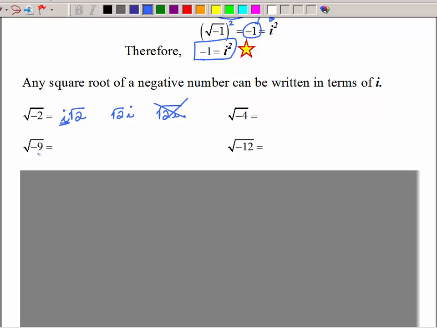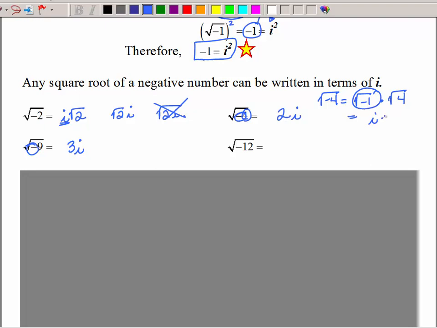Now, what's the square root of positive 9? It's 3, but because of that negative, we put i. Same thing here. The square root of positive 4 is 2, but because of that negative, we put i. You might say, why? Well, because the square root of negative 4 is now defined to be the square root of negative 1 times the square root of 4.